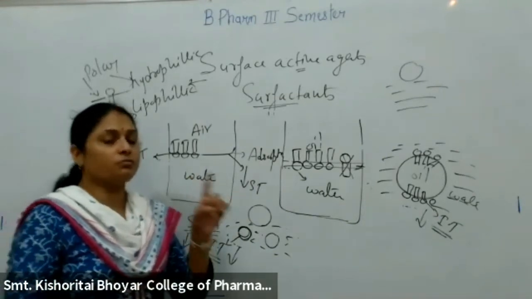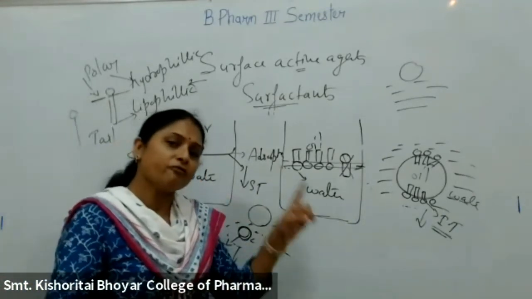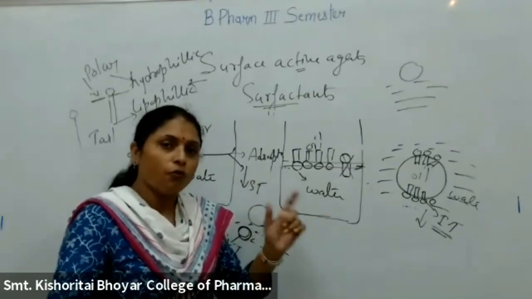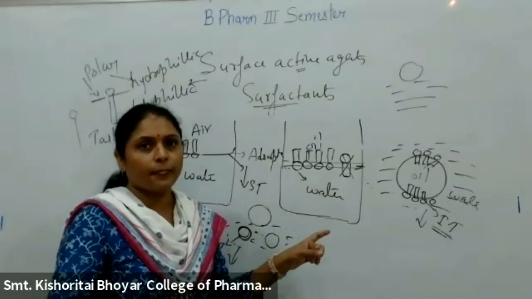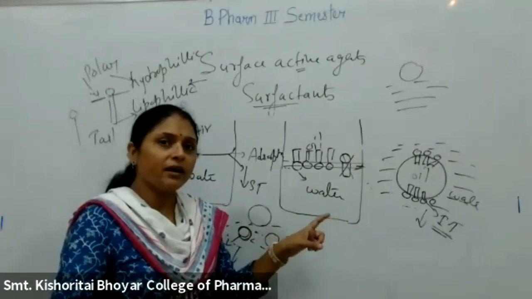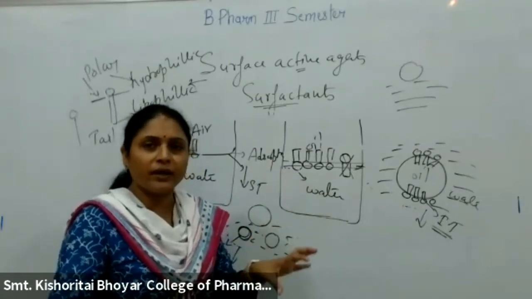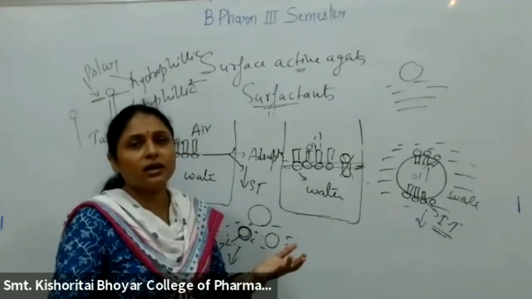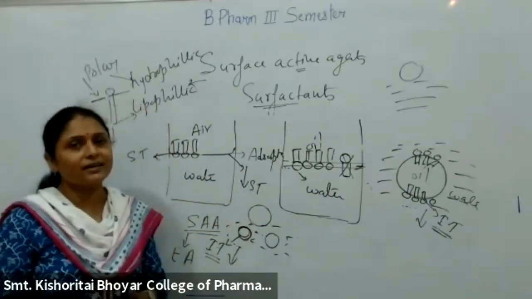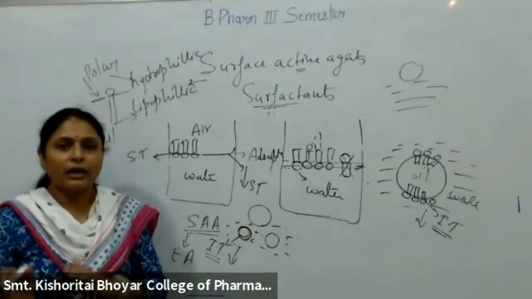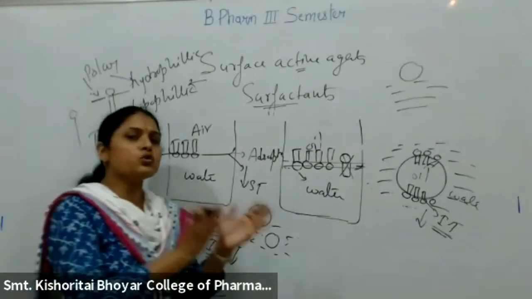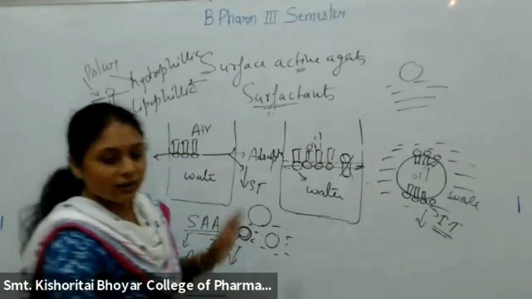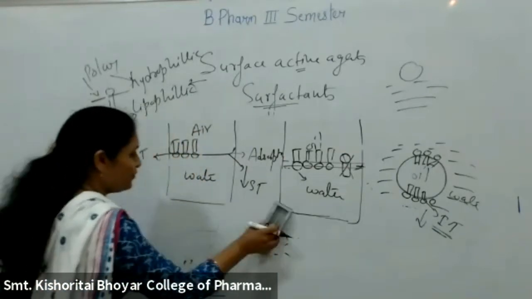Surface active agents can function as a stabilizer, but there are many other substances which are used to stabilize. अगर यहाँ पर बफर मेंटेन करना है, पीएच मेंटेन करना है तो बफरिंग एजेंट ऐड करना पड़ेगा. उसी तरह से आइसोटोनिसिटी मेंटेन करनी है तो आपको और दूसरे एजेंट्स ऐड करने पड़ेंगे. So stabilizers may be different, and a surface active agent can also act as a stabilizer. Okay, shall I continue now? Yes, ma'am.